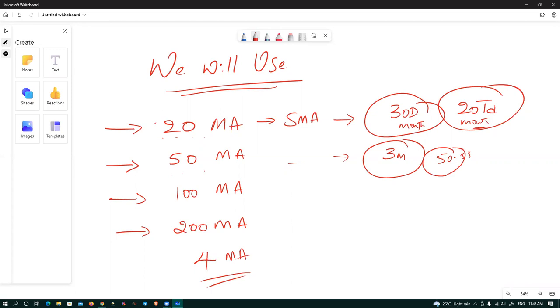A little difference does not matter. Hence we are using 50. So this gives 30 days average. Sorry, not 30 days, 2 months average. Oh, sorry, 3 months average. Because 3 months is 60 days, 60 working days. We are counting 60 working days.